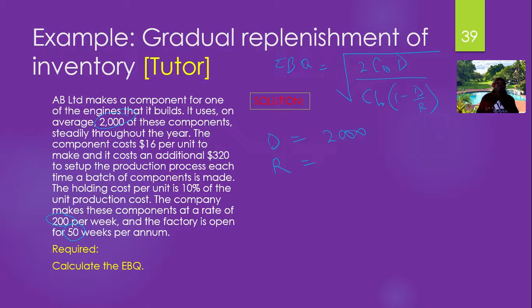So each week we make these components at the rate of 200 units per week, and we have got a 50-week year. So the replenishment rate should be 200 multiplied by 50, which gives us 10,000.